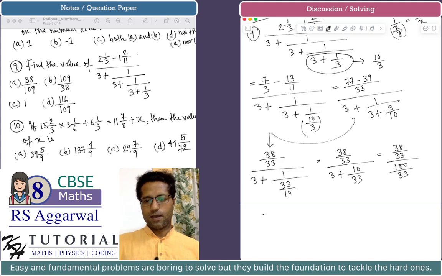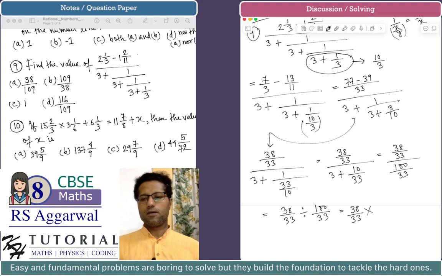Okay, so we have 38 by 33 divided by 100 by 33. This is nothing but 38 by 33 multiplied by the reciprocal of 100 by 33, that is 33 by 100.